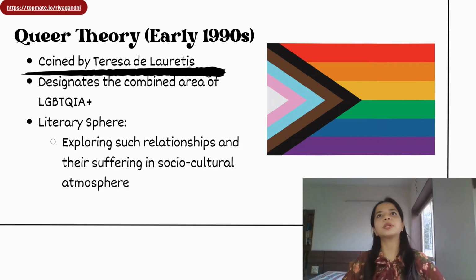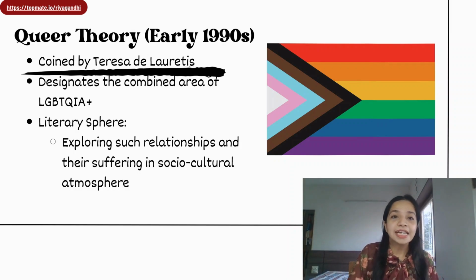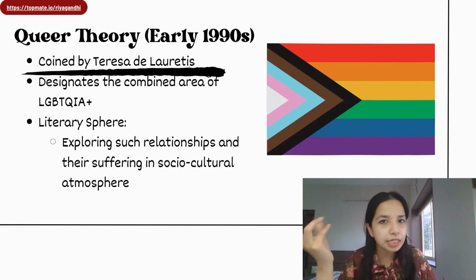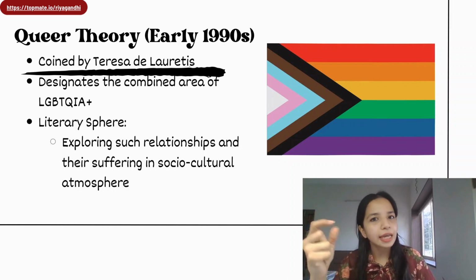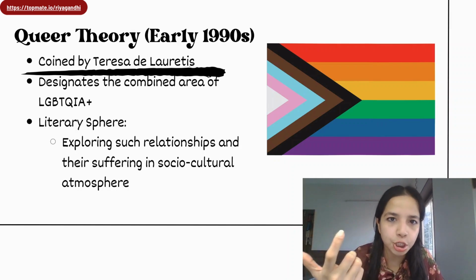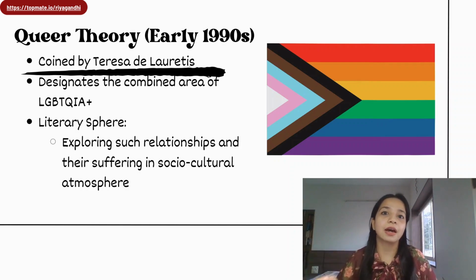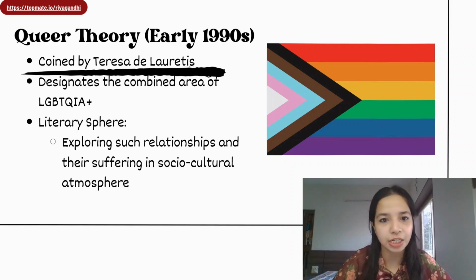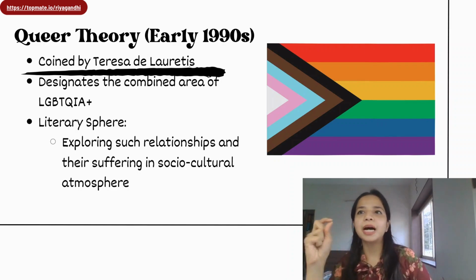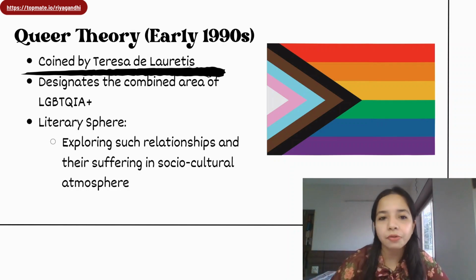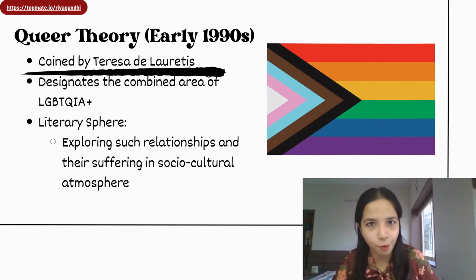When you're talking about how queer theory is taken into consideration from a literary perspective, it basically explores such relationships that are categorized under LGBTQIA+, and talks about their sufferings, how they deal with it, how they are coming out of the closet, and so on and so forth.